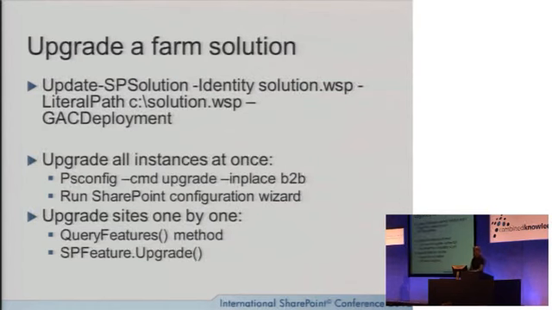You can also upgrade sites one by one by using the QueryFeatures method to identify what sites or what feature instances in what sites need upgrading, and then run the SPFeature.Upgrade method. Obviously, if you have a whole lot of sites, you might not want to do that, because it will take a long time to iterate over everything. But if you choose the first one, you probably want to do that not during office hours.